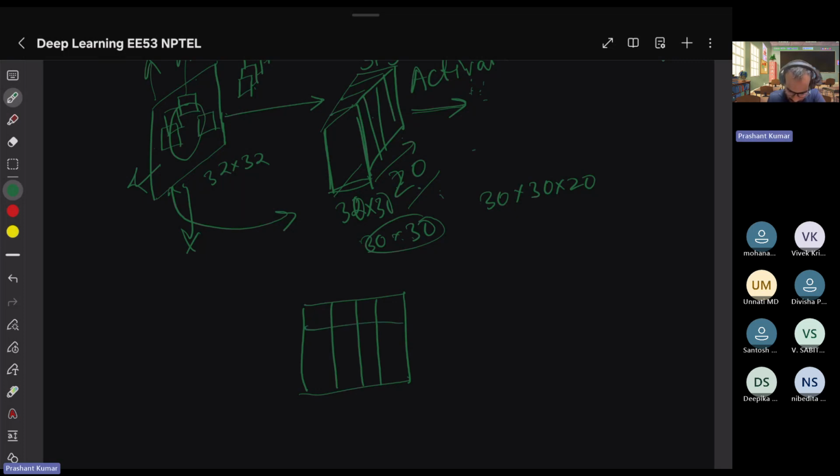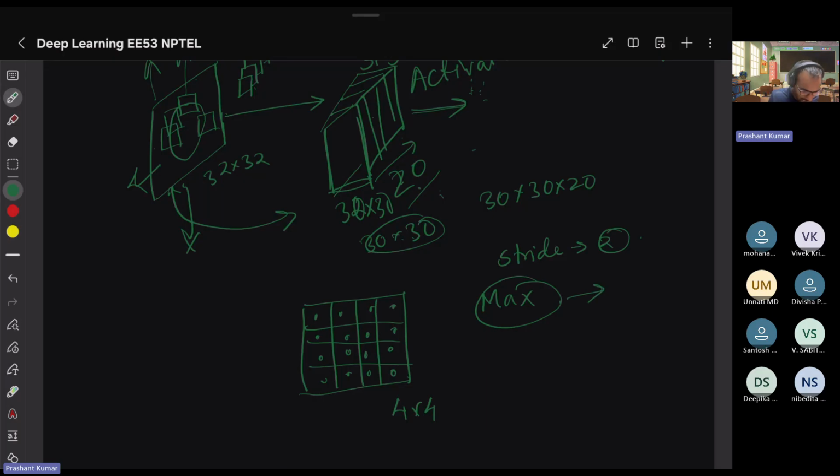Let's say I have an input of 4 by 4, and each has some element. Those are different. And I am saying that I will take a stride of 2, and I will say that I am trying to find the maximum of that value.